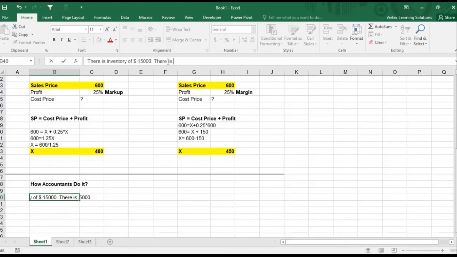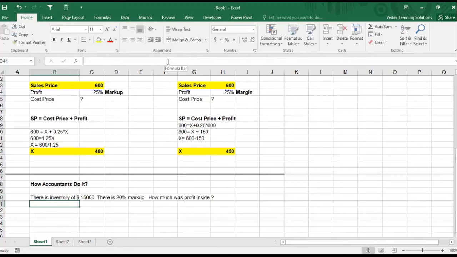There is 20% markup. In markup, how much was profit inside? Now I know that the value of inventory is 15,000, and this 15,000 includes the profit of 20%, and it is a case of markup.